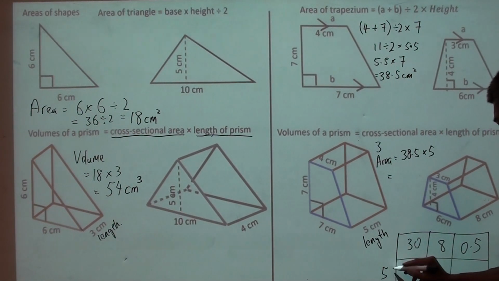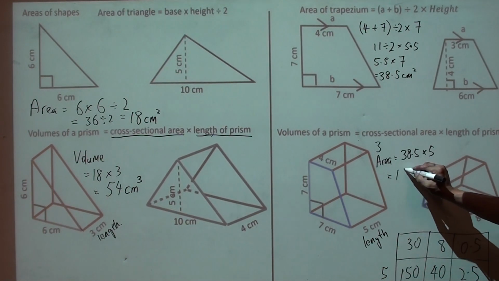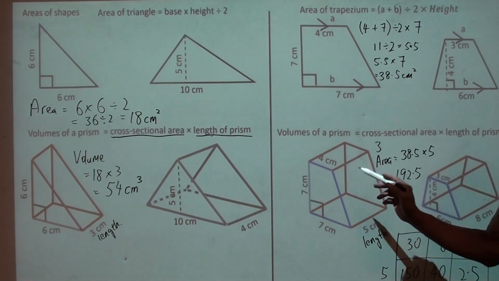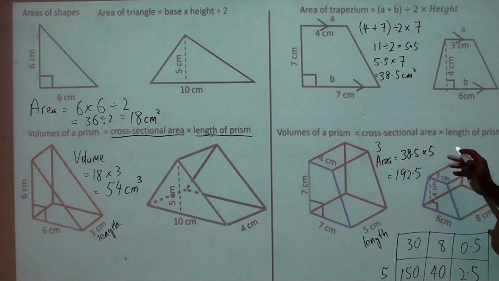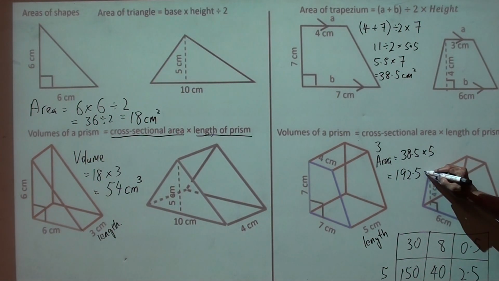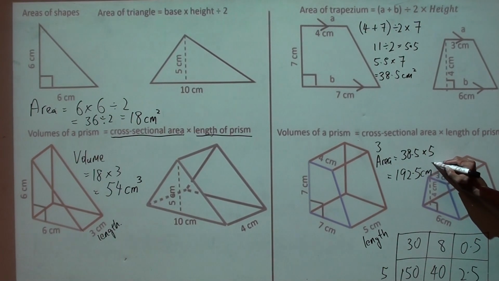So we have 5 times 30 is 150, 5 times 8 is 40, and 5 times 0.5 is 2.5. When we add this up, you get 192.5. Now bear in mind over here, because we're looking at volume, the unit of volume is a cubic centimeter. So it's a centimeter with a 3 next to it.